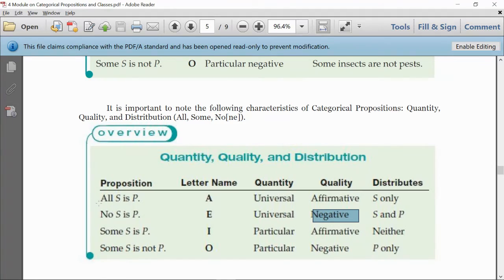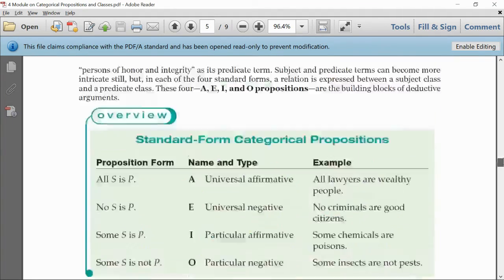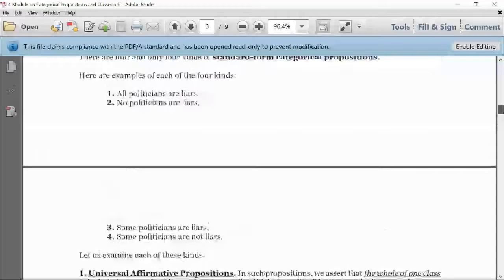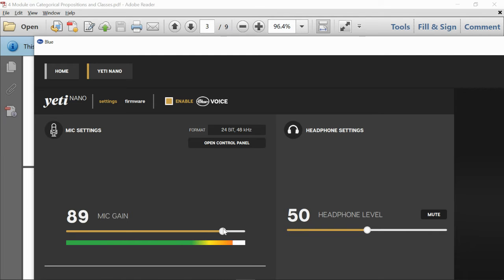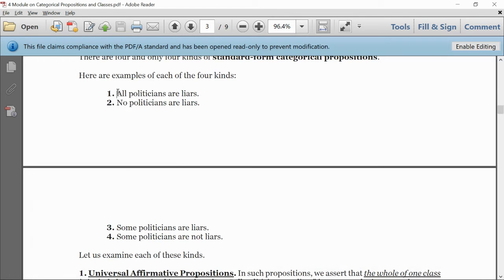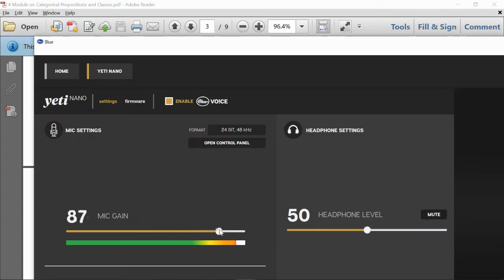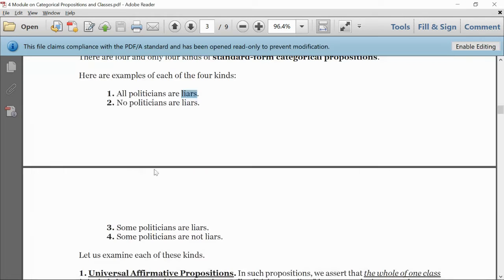Let's look at the first example we had: all politicians are liars. The distribution would be that it only pertains to all members of the class of politicians. But definitely not all liars are politicians. Hence, the distribution is only on the subject class.